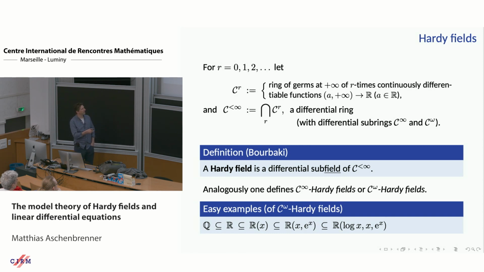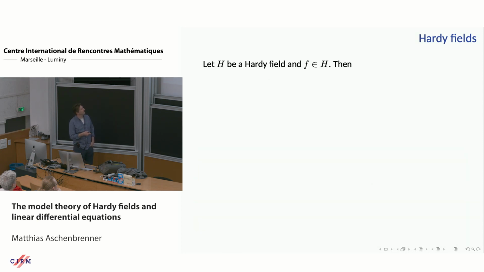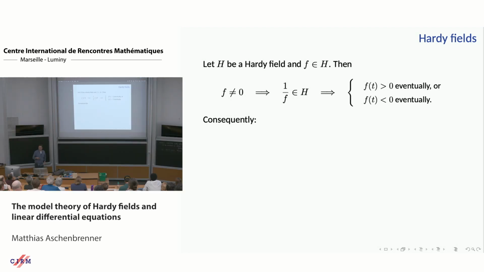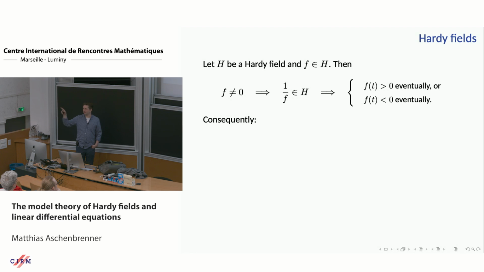Now, this seems like a very simple definition, but it has quite strong consequences about the behavior of these germs that can live in a Hardy field. So let's take a Hardy field H and a germ f in there. If f is not 0, then because H is a field, it has to have a multiplicative inverse, so 1/f has to live in H. And that means that the function f, because it's also a germ of a continuous function, has to be eventually either positive or eventually negative.